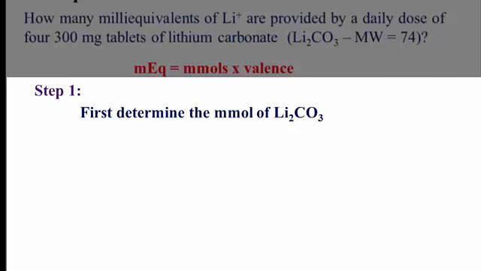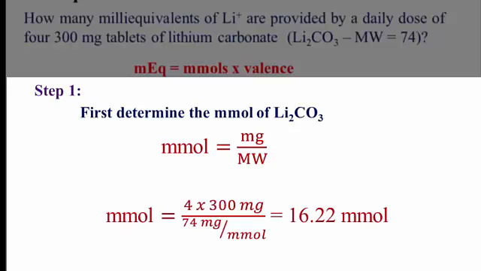Now, how do you do that? You need to understand that millimoles is equal to milligrams divided by molecular weight. Okay, so we're going to determine the millimoles of lithium carbonate and then use our stoichiometry to determine the millimoles of lithium ion. That's where we're going with this process, and then substitute that into the equation.